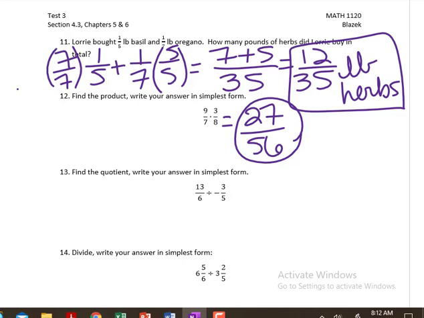13, find the quotient. Write your answer in simplest form. Well, I know that with division of fractions, I have to flip the divisor, which would be the second fraction, and turn it into a multiplication.